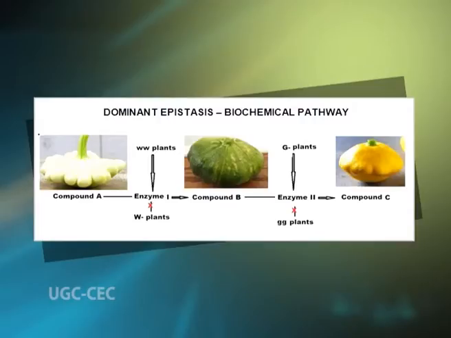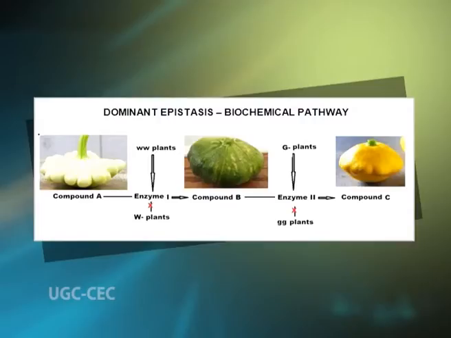On production of this enzyme, the compound A is converted to compound B and further the compound B is converted to compound C. The compound B results in green color for the fruit.